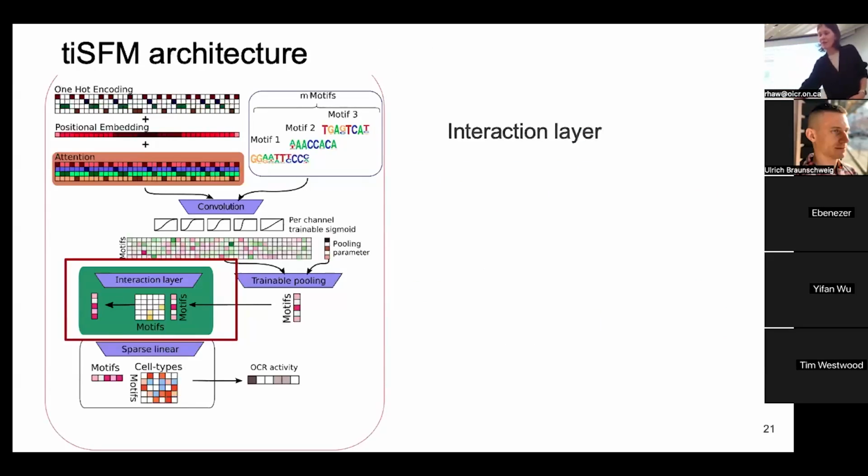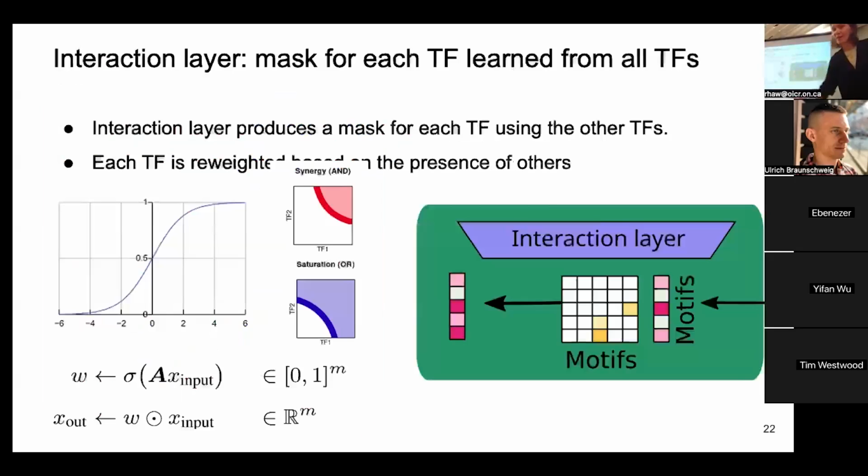And finally, we have this module that we call the interaction layer. Let me quickly explain how it works. You have these motif scores, and now I have one score for each motif for the whole sequence because I've max or average pooled it or something in between. So now it's just pooled. And I learn this interaction matrix, and the output of this is basically a number between 0 and 1 that gets to tune up or down, with 0.5 being completely neutral, right?